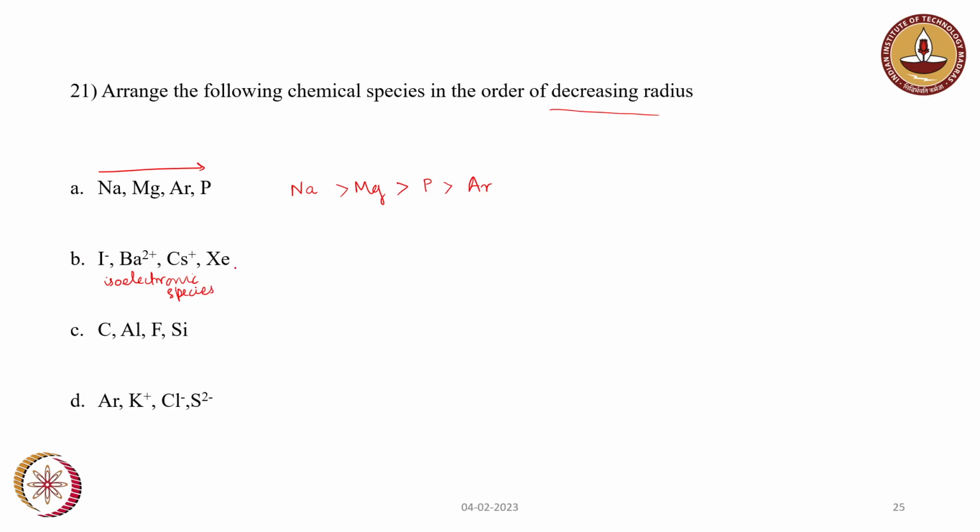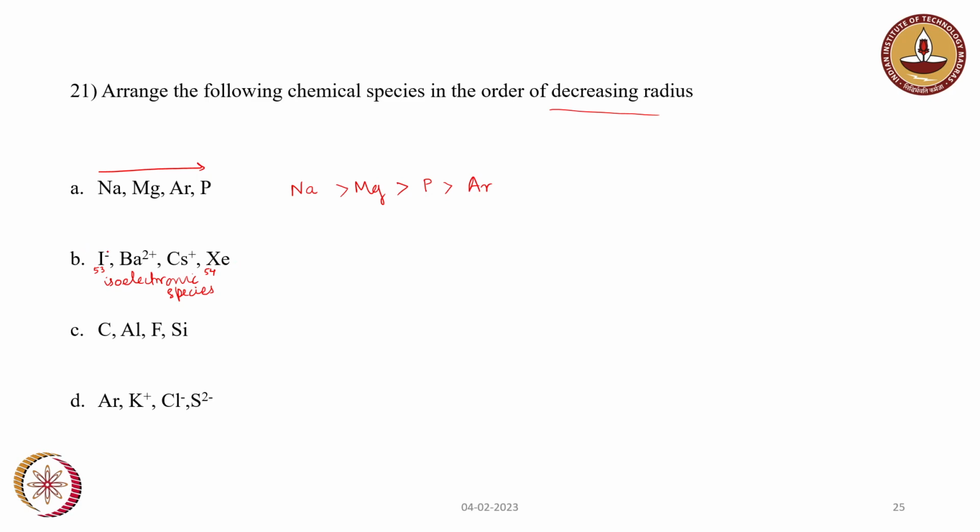And xenon is the inert gas, and iodine is having atomic number 53. This one is 54.